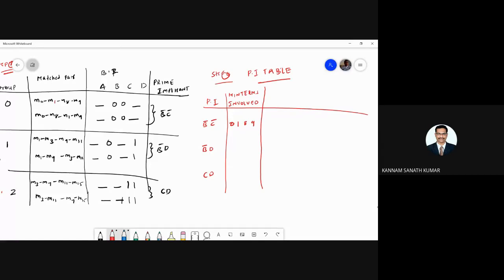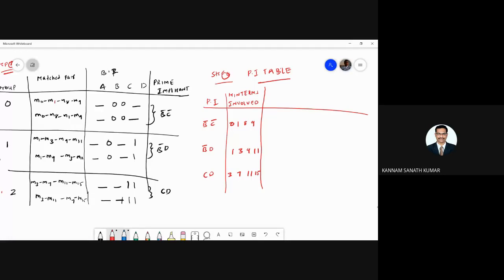And in B bar D, what are the min terms involved? 1 3 9 11. And in CD, you got 3 7 11 15.